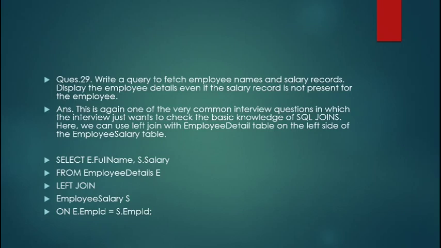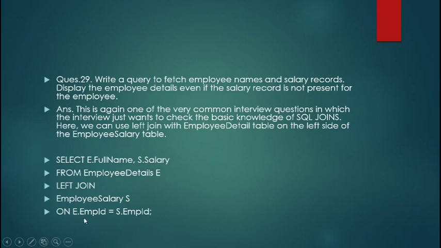Select E.full name, S.salary, because here E is the alias for employee details and S is the alias for employee salary. So E.full name and S.salary from employee details E left join employee salary S on E.employee ID equals S.employee ID.